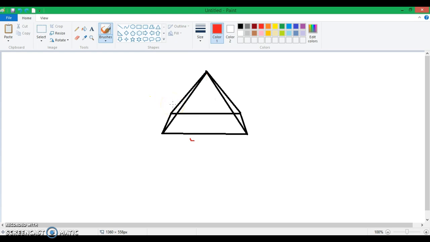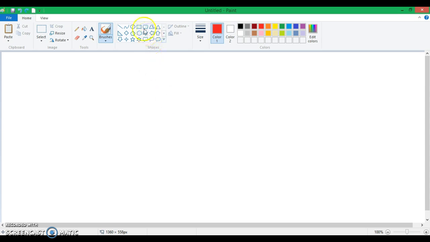Alrighty. Now let's do a pyramid that has a rectangular base. It's all wonky, I'm sorry.